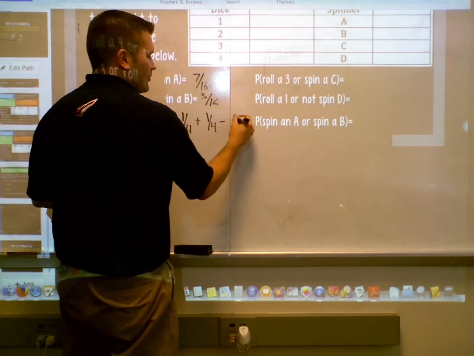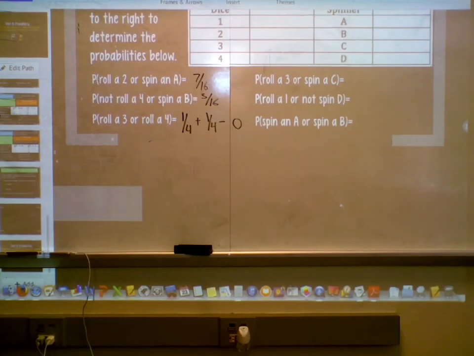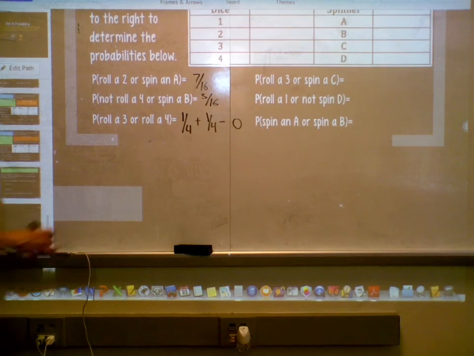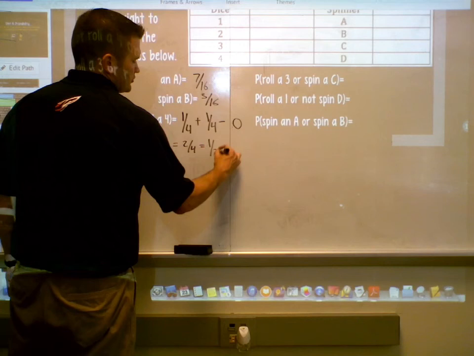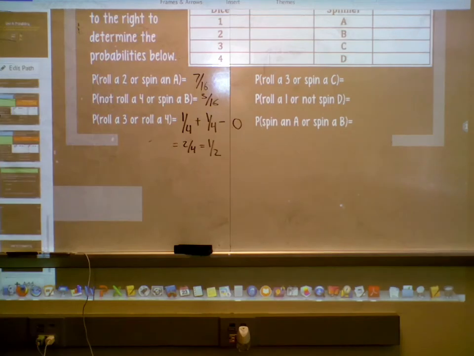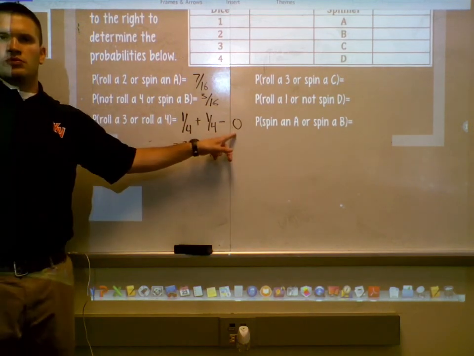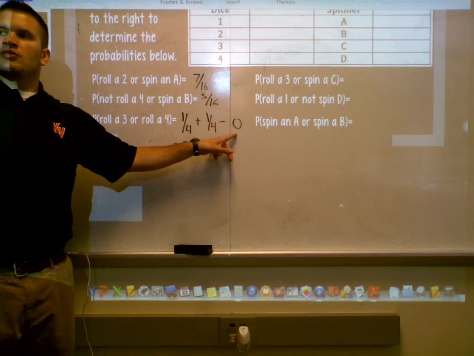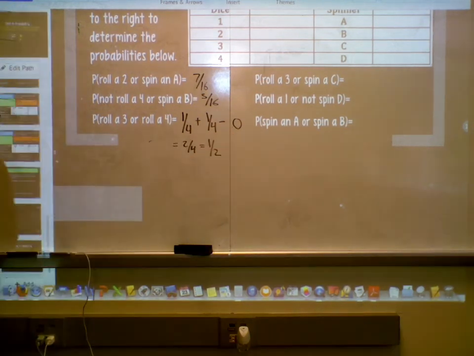So this probability is 0. 1/4 plus 1/4 is 2/4, which equals 1/2. So why is this 0? Good, we can't have both 3 and 4. 3 and 4 are mutually exclusive. They can never happen together.